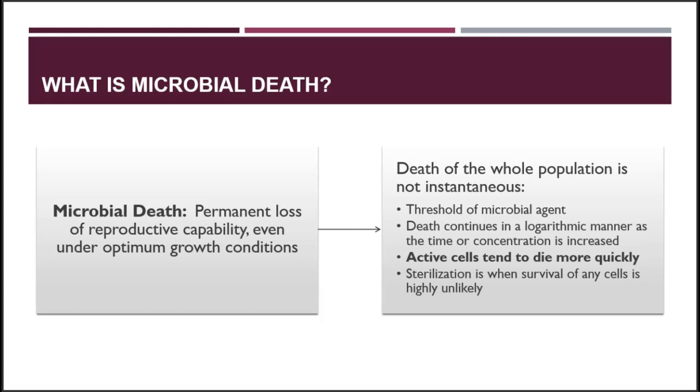Active cells tend to die more quickly, and we talked about this in chapter 6 when we talked about microbial growth, that organisms that are in that exponential growth or log phase are actively reproducing, and those organisms tend to be more susceptible to antimicrobial agents.